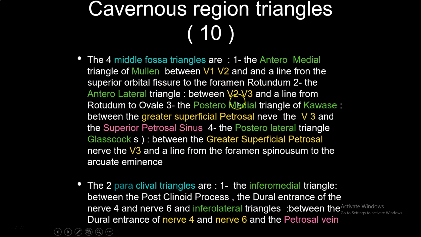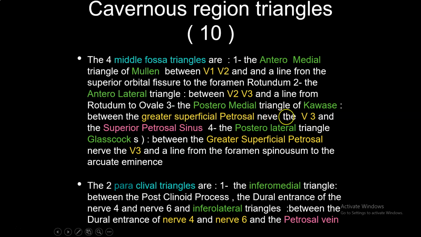The other 2 triangles are very, very famous in the middle fossa, which is the posteromedial triangle of Kawase, because we have the Kawase approach to the lateral pons. It is medial to the greater superficial petrosal nerve.